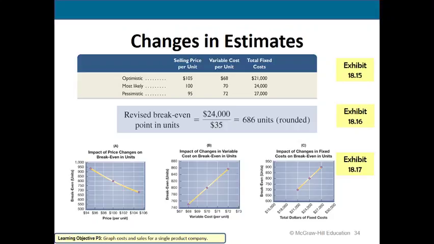So here you run the numbers and you find out that your break-even point in units is now 686 units.